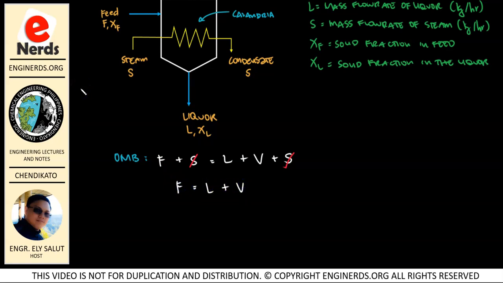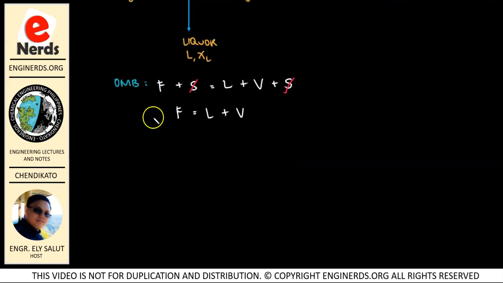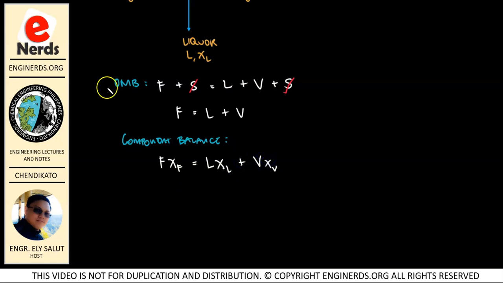Okay, so now we are going to do component balance. Okay, so we are going to do solid balance, no? Or yung balance ng ating solute. So we will have F times the weight fraction ng ating feed, and this will be equal to L, weight fraction ng ating liquor, plus V, and V, which is the weight fraction sa ating vapor.